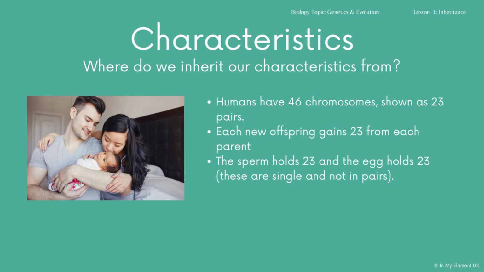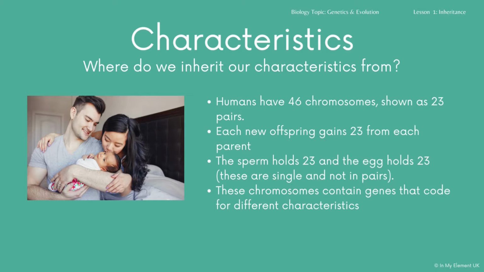Now, that is because the sperm, the male gamete, holds 23 chromosomes, and the egg, the ovum, the female gamete, holds another 23 chromosomes. These are not in pairs, okay?